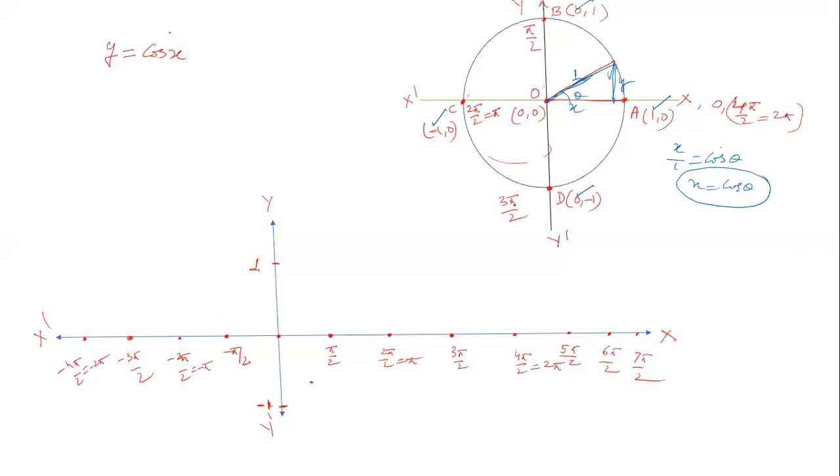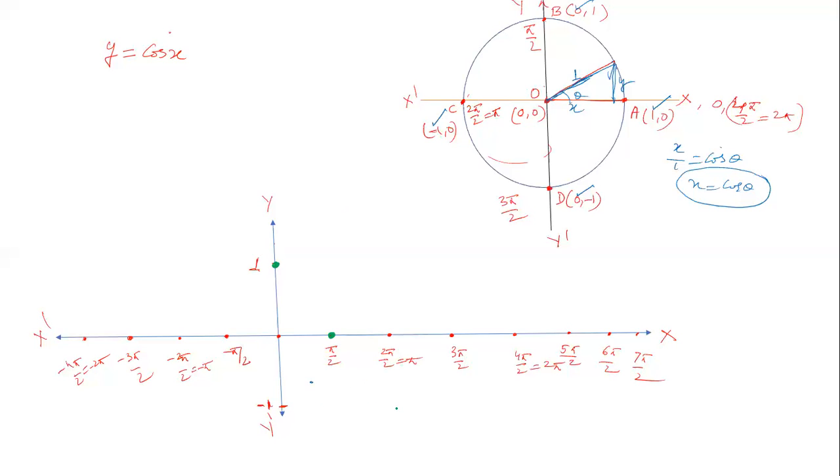So we can see over here the value of x is cos theta. At 0, the value of x is 1. At pi by 2, the value of x is 0. At 2 pi by 2, that is pi, it is minus 1.